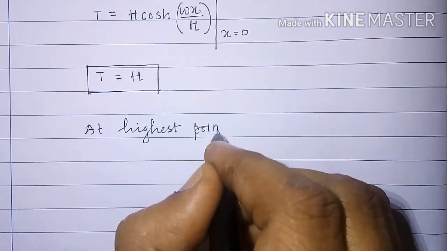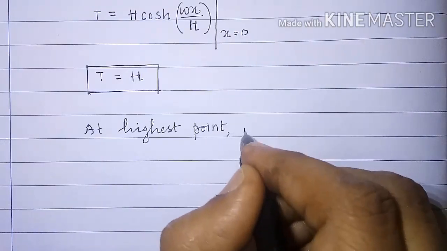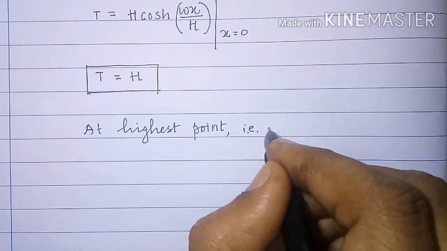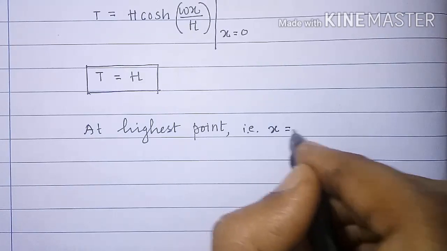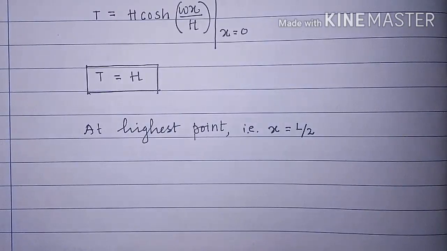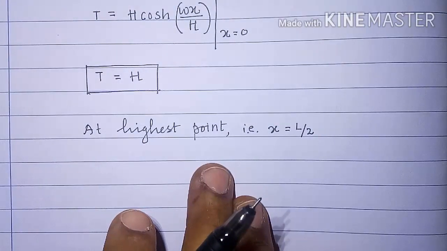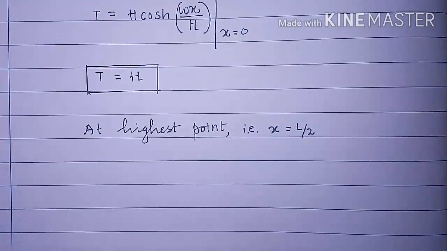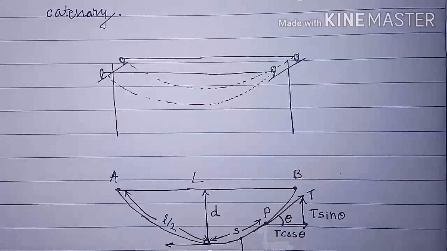At the highest point, that is at x equal to capital L by 2. Please try to understand what is the lowest point and what is the highest point in the figure.